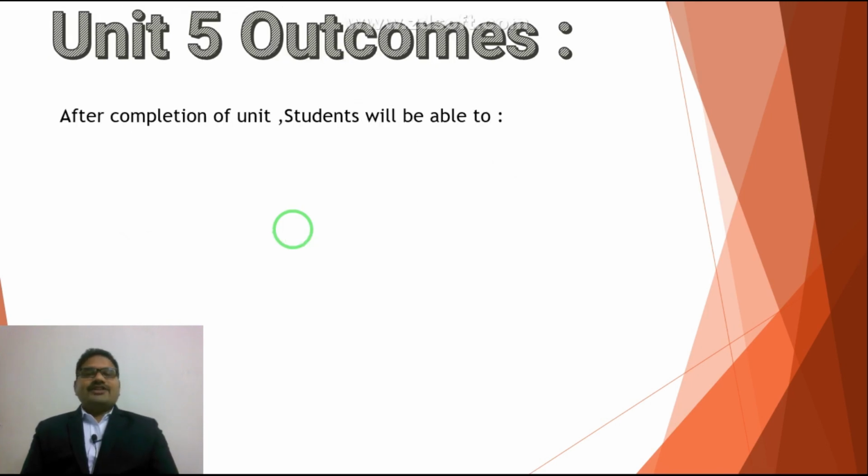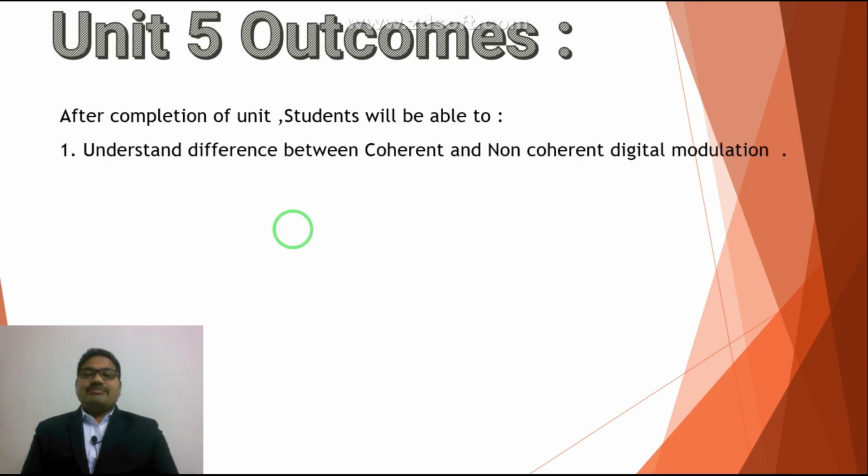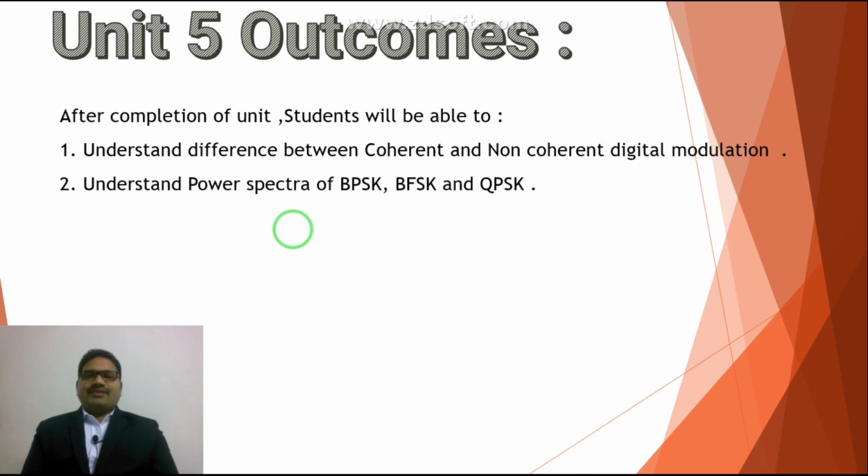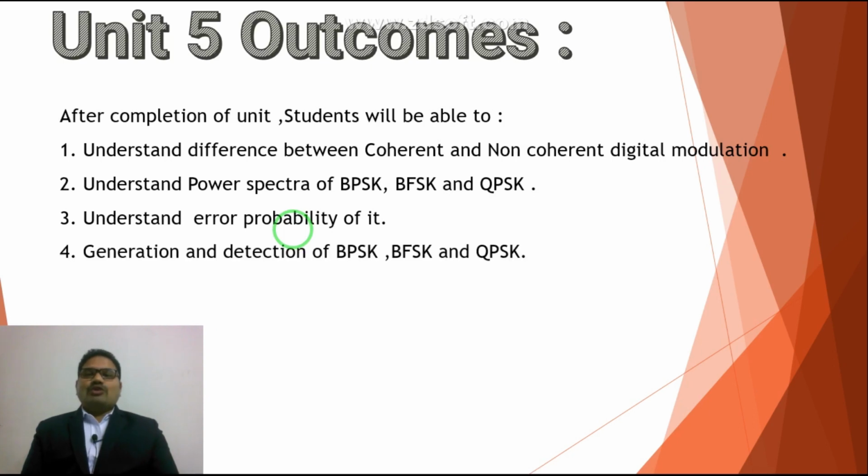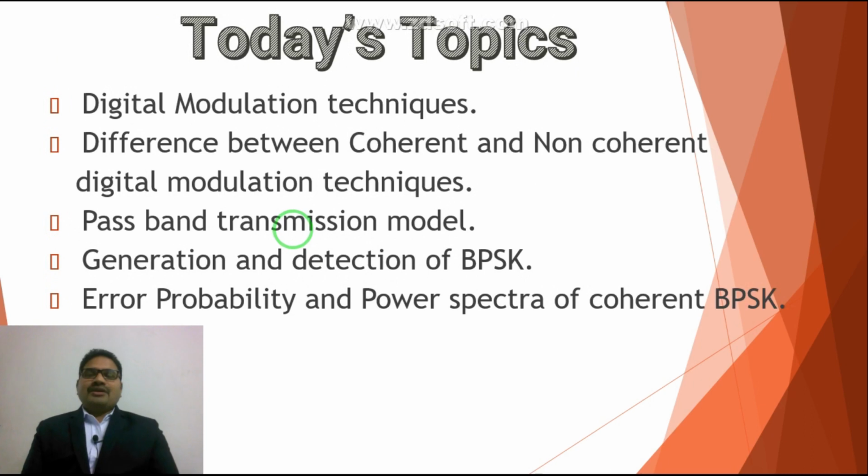After completion of this unit, the students will be able to understand the difference between coherent and non-coherent digital modulation techniques, the power spectra of BPSK, BFSK, QPSK, and their error probability. They can also understand the generation and detection of them, and of M-ary PSK and QAM.